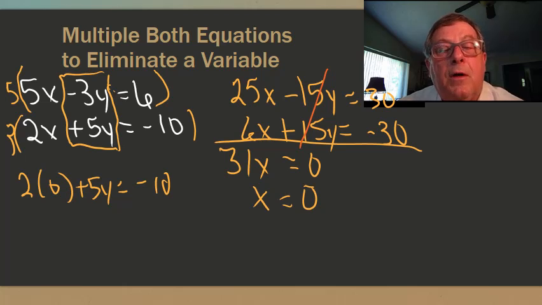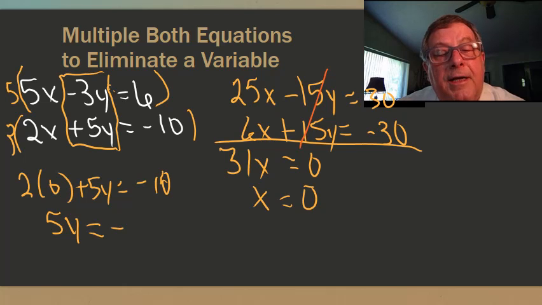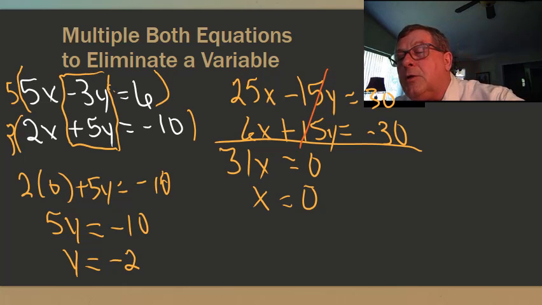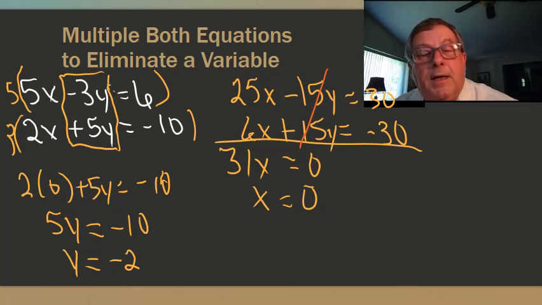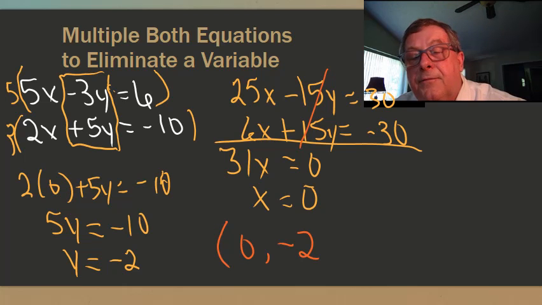Well, 2 times 0 is 0. And so now I've got 5y is equal to negative 10. Divide both sides by 5, and y is equal to negative 2. And my solution here is x is 0, y is negative 2.